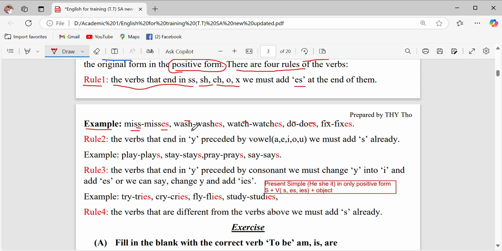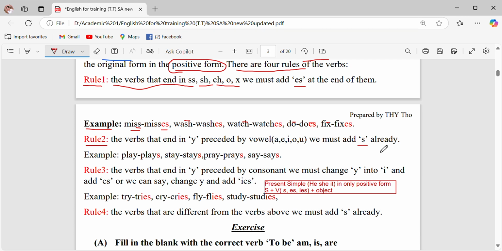Rule number 2. Look at this. The verbs that end in y preceded by a vowel, A, E, I, O, or U, any of these vowels. In this case, we must add only s.